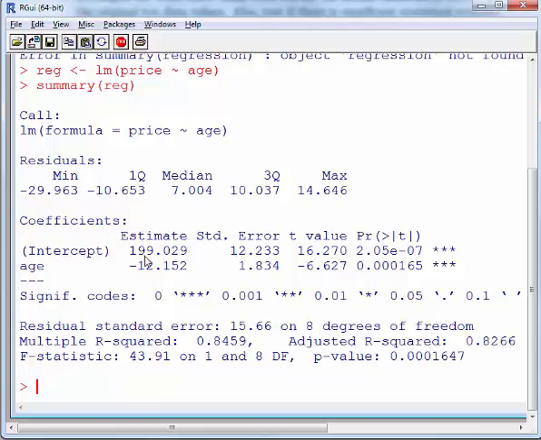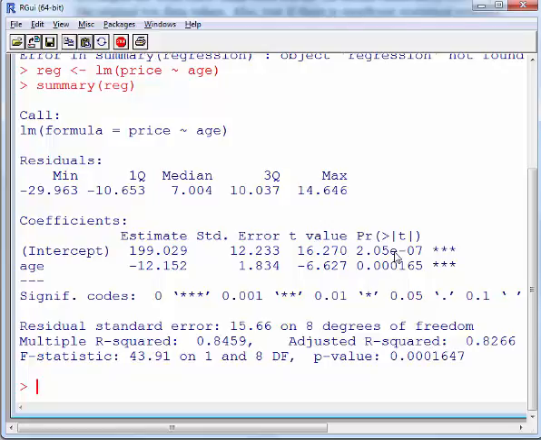And here I get my regression coefficients. This is my intercept best guess, my B0. Here's my slope coefficient, negative 12.152. Standard errors for those, right? And here are my t values, and these are the p values that we got, but they are specific ones.